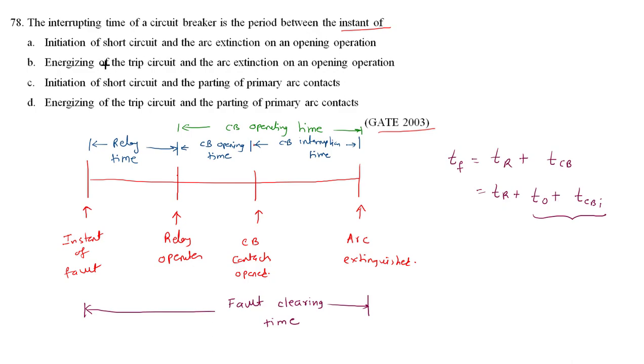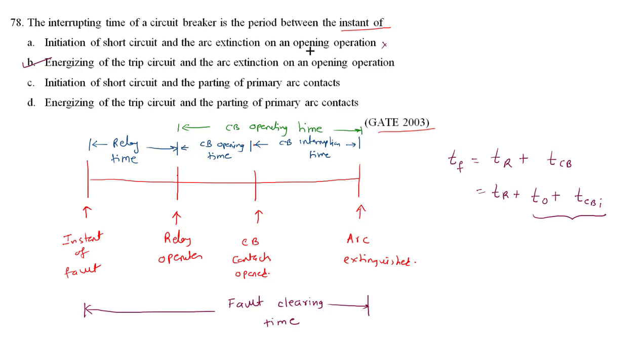So which option will be correct here? Initiation of short circuit and the arc extinction on an opening operation, that is not correct. Energizing of the trip circuit and the arc extinction on an opening operation, so this is the correct one, because the trip circuit is energized at this particular point and the arc extinction is at this particular point.